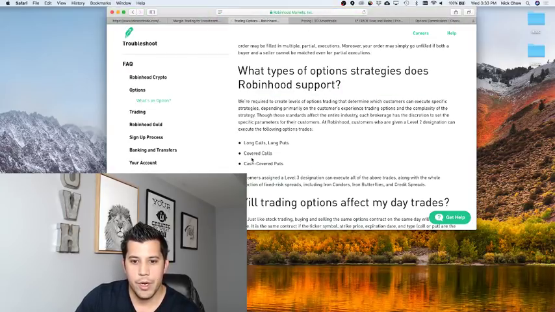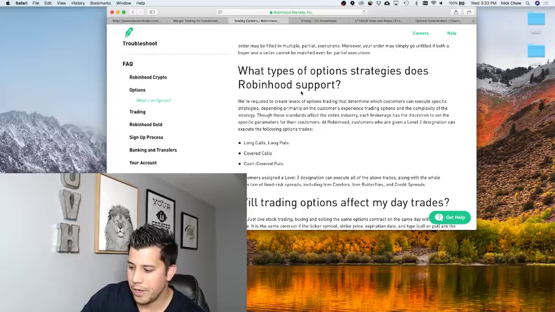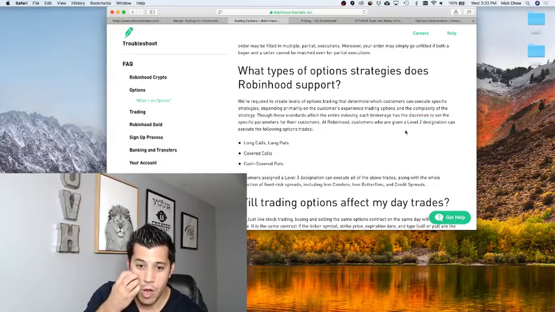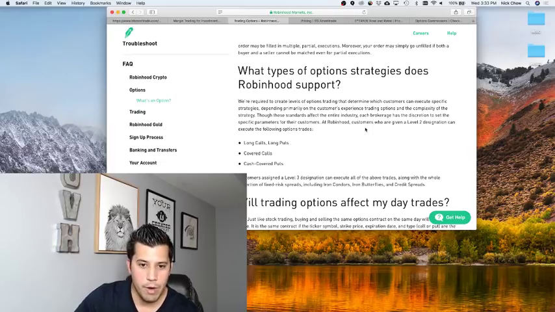On Robinhood, there are also different strategies. I know there are a lot of Robinhood traders subscribed to this channel, and a lot of people don't know this, but Robinhood has tiers too. Tier level 2 designation allows you to do long calls and long puts. That means you can buy a call outright, buy a put outright, covered calls, and cash covered puts, which we talked about before.